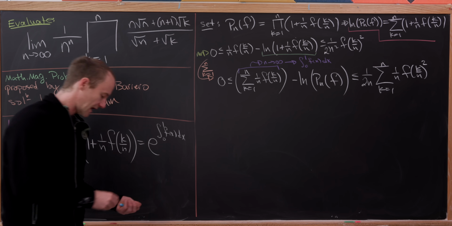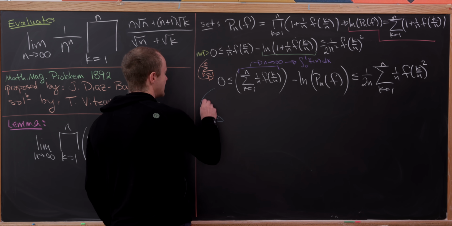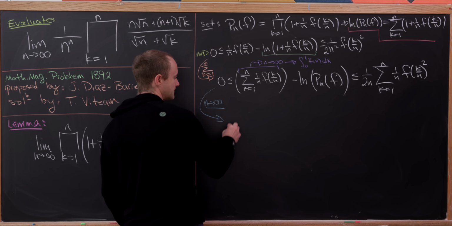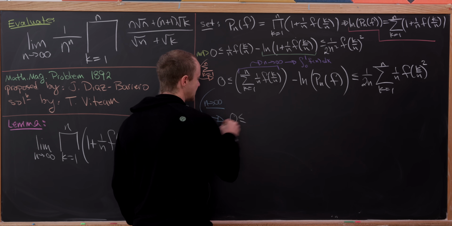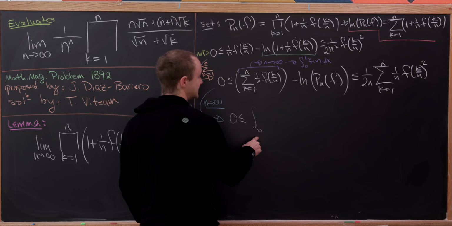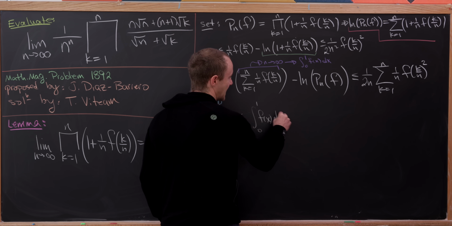Okay, so that all in all motivates us to take the limit of this entire inequality as n approaches infinity. So that's going to leave us with 0 is less than or equal to the integral from 0 up to 1 of f of x dx.